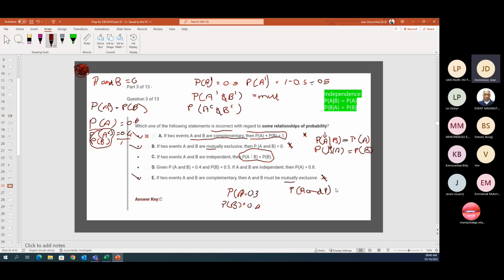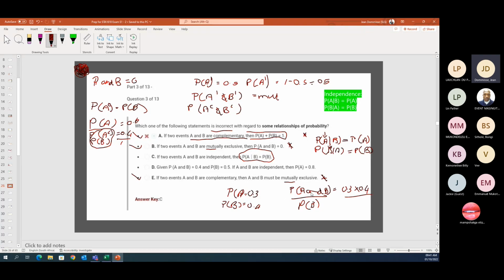So we now need to multiply those two out. Probability of A and B divided by probability of B. So remember the difference between the formula and what is the final answer.